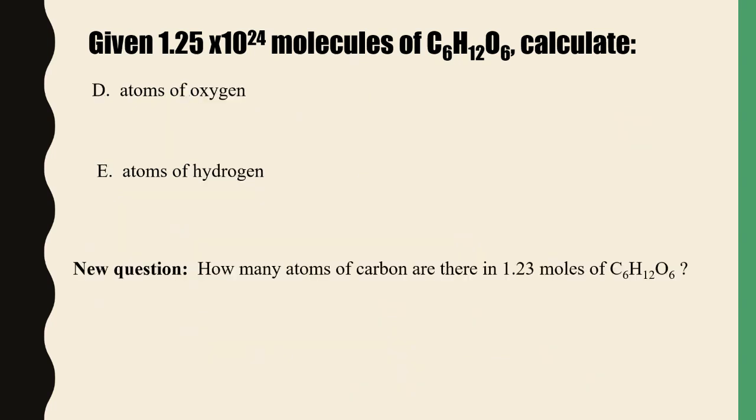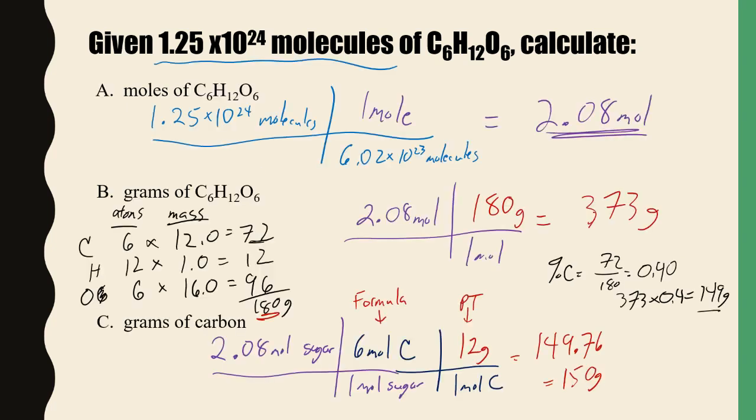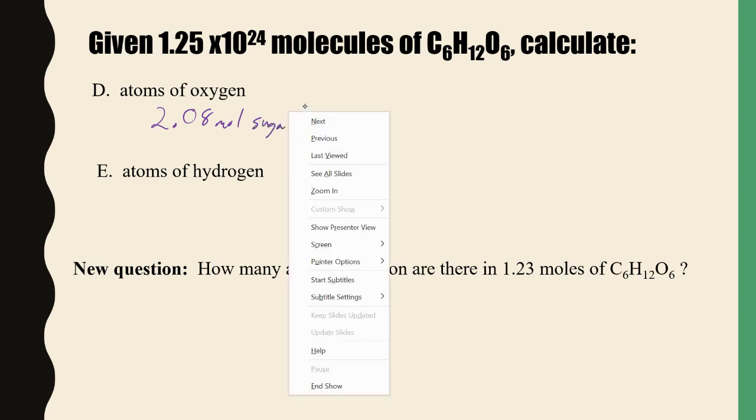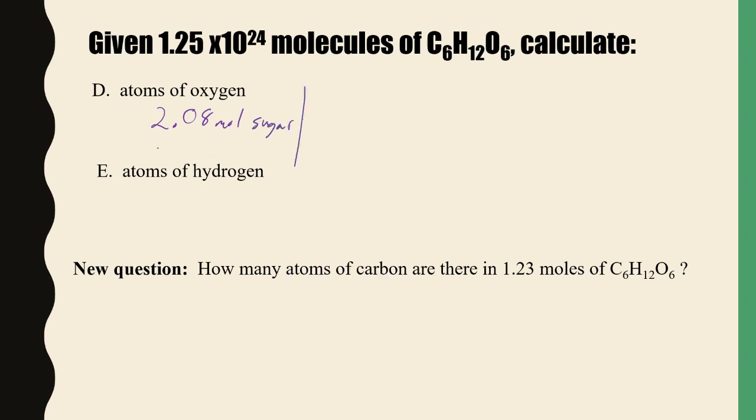Yeah, it is. So atoms of oxygen, we're going to stick with the moles, 2.08 moles. So we're going to stick with our 2.08 moles of sugar. And then we're going to convert that to, for every 1 mole of sugar, there is 6 moles of oxygen.